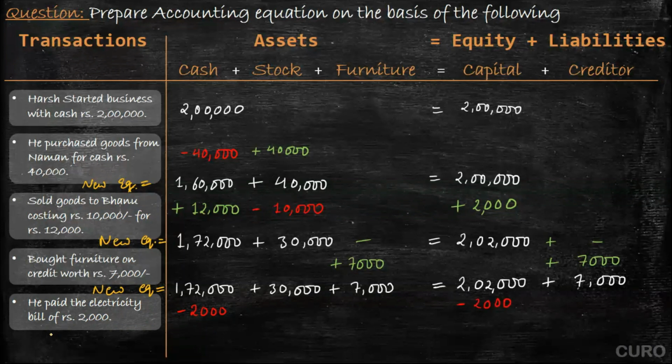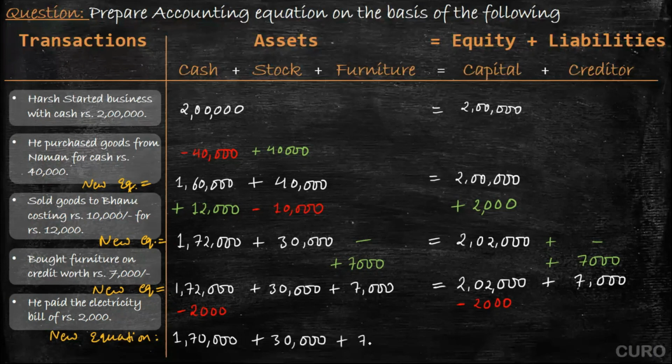Hence, the capital will be reduced by 2000, and after recording this transaction, the equation will now appear as follows. And it will be observed from above that the total of assets will always be equal to total of equity and liabilities.